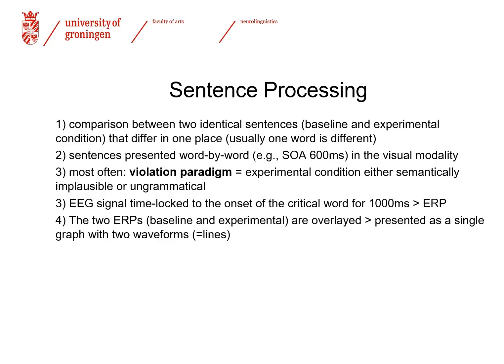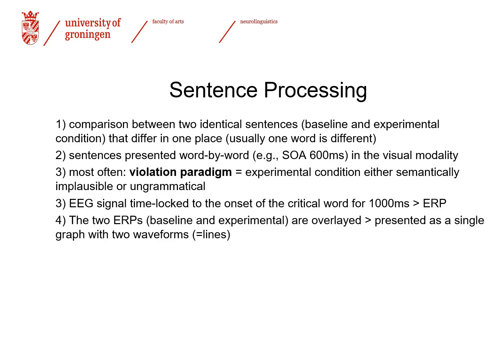So, for example, I gave here an SOA, which stands for Stimulus Onset Asynchrony, of 600 milliseconds, meaning that the time between the onset of word 1 and word 2 in the experiment is 600 milliseconds. And this, of course, stands only for the visual modality. In a listening experiment, there is no need to do any sort of manipulation like that. It is enough just to have natural speech.